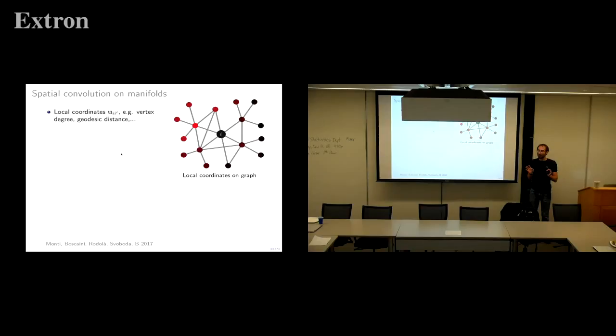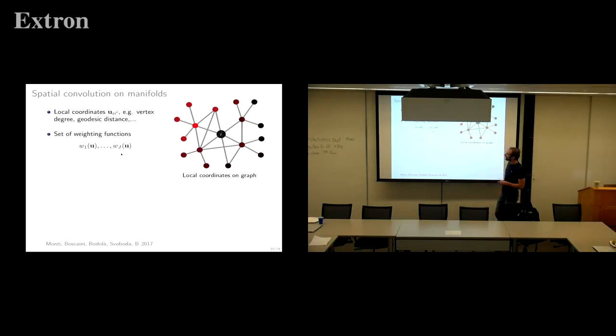It is actually much better defined on manifolds, because manifolds have a local low-dimensional structure called the tangent space. A two-dimensional surface, let's say a piece of paper, is locally two-dimensional, even though I can bend it in any way. That horse, for example, locally has a two-dimensional system of coordinates. On general graphs, it is much more loosely defined, but you can still think of some graph-theoretical properties like geodesic distance, degree, etc., that you define around each vertex.